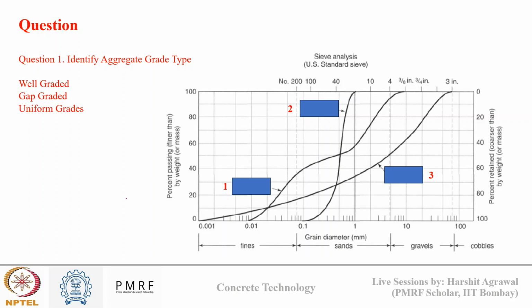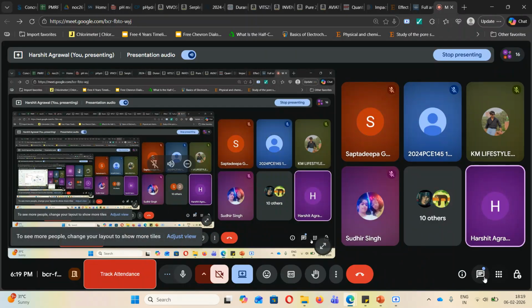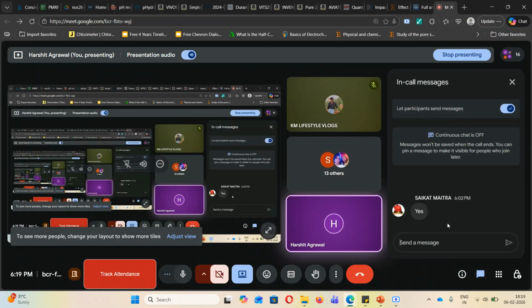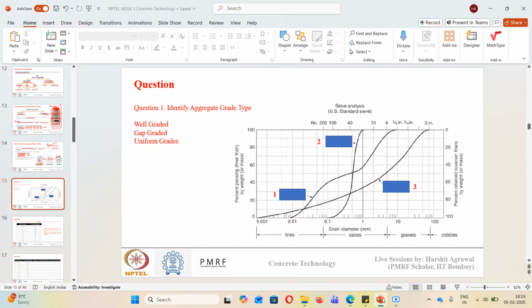And in the meantime, if anyone has any doubt regarding the discussion till now based on source of aggregate and aggregate gradation, you can ask. Any doubt in the discussion till now?